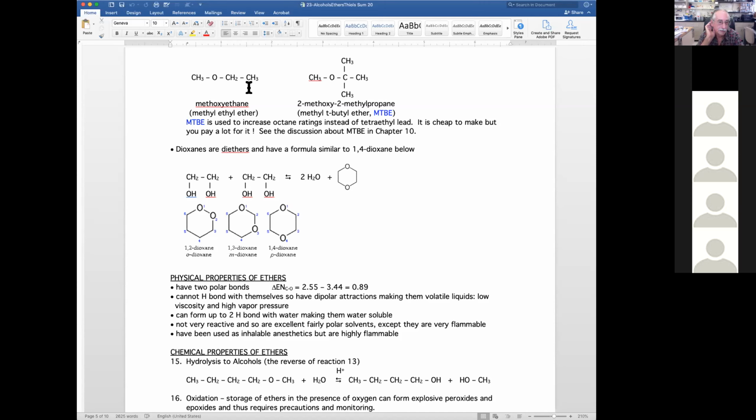And so notice that they didn't use alphabetical order either. They used a priority system. And you can see the lowest priority was methyl, and the next priority was ethyl. And then it's this name, well, what is the functional group? Oh, it's an ether.